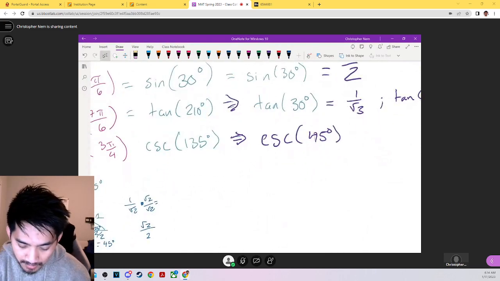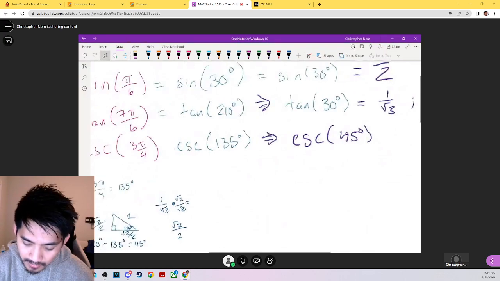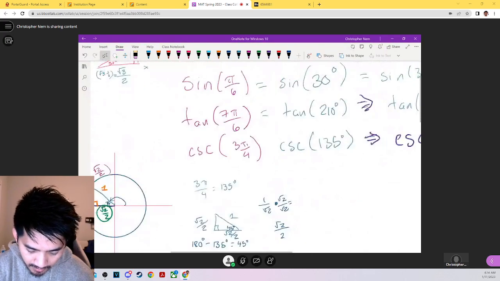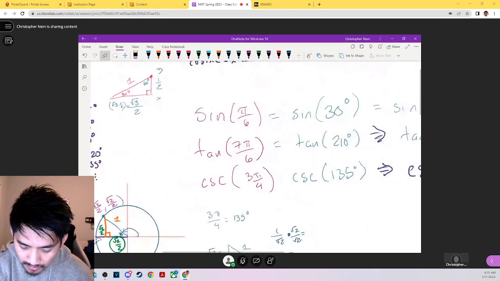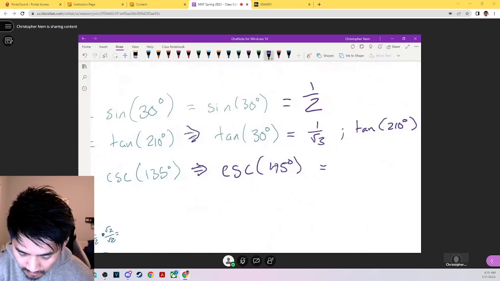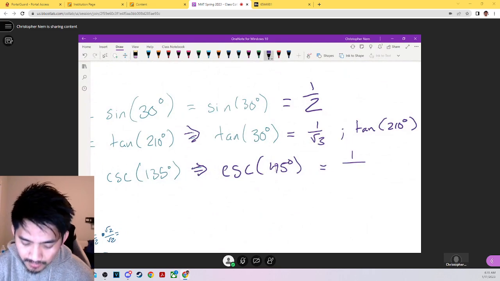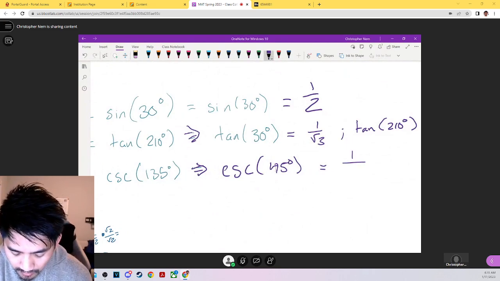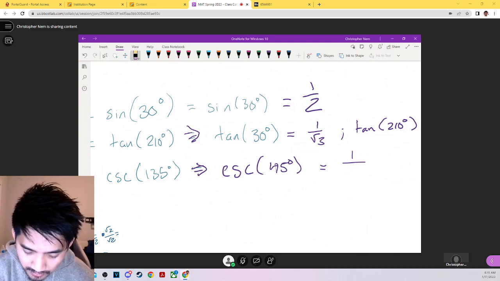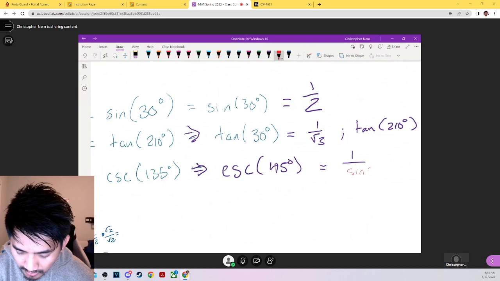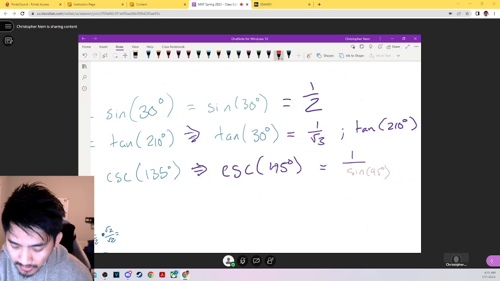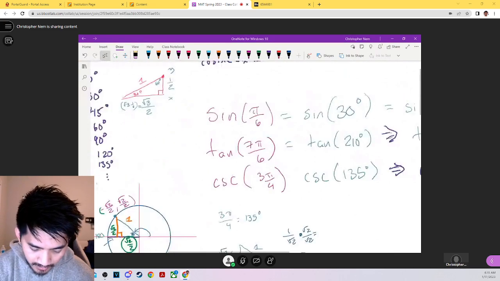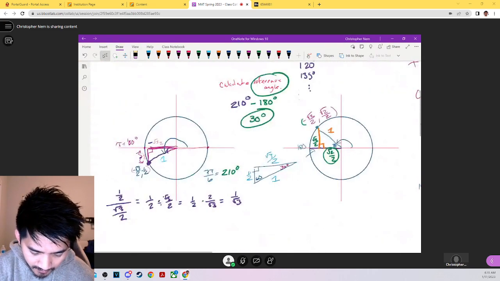So cosecant, 45 degrees. Well, cosecant of 45 degrees, we calculate that over here. Cosecant is just 1 over sine, we reciprocate it, so it's 1 over sine of 45 degrees. Over here, sine is your y value, right?